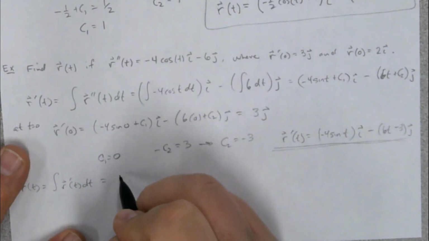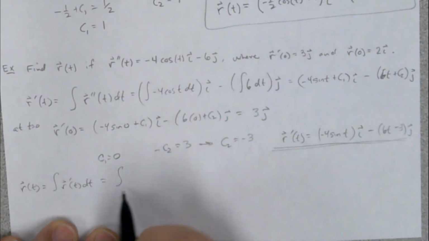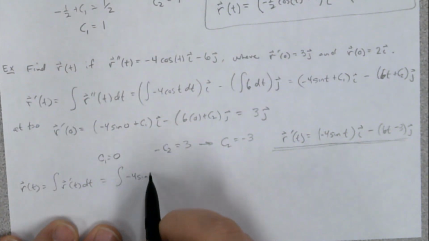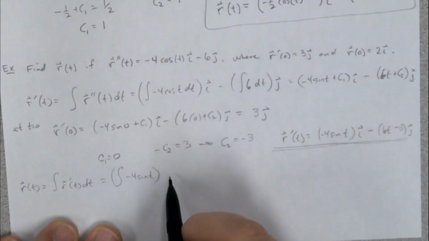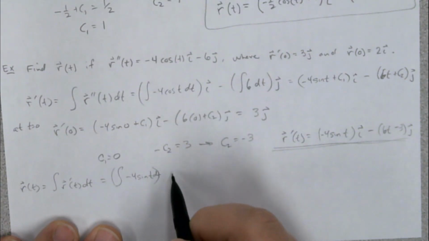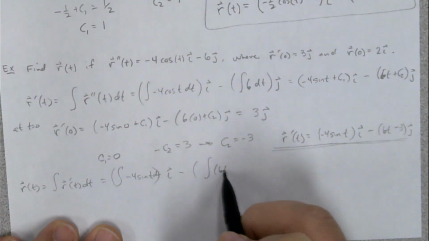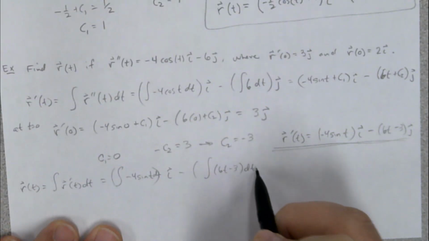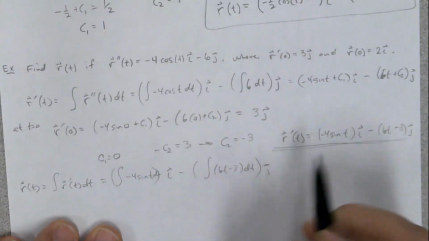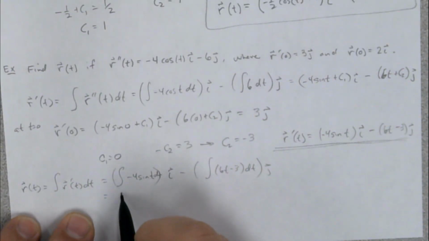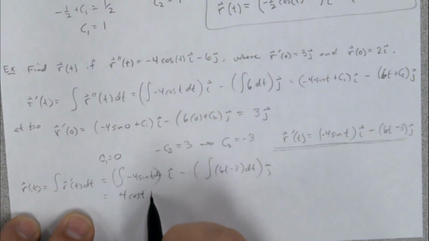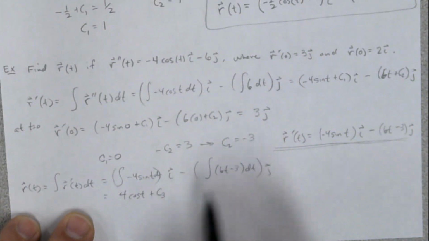So we're going to integrate each piece, negative 4 sine of t dt, and that will be for i, integration of 6t minus 3, and that will be for j, and then you can get your answers from there. 4 cosine of t plus another constant, I call it c3, and then this over here is 3t squared.